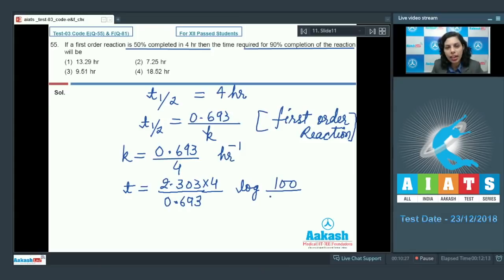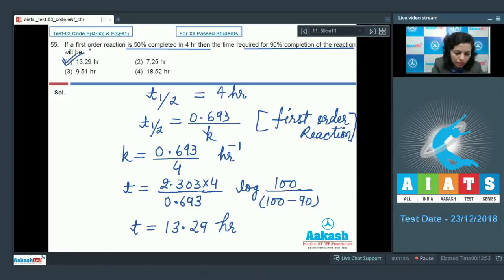We are just assuming that 100% completion, and A minus X is 100 minus 90. X is 90 that we have taken here. So this value, on solving, you will find out that the T value is equal to 13.29 hour. If you solve this, you will find out the value. And this is given in option 1. And this is my answer also. Now, after this, let's take question number 56.